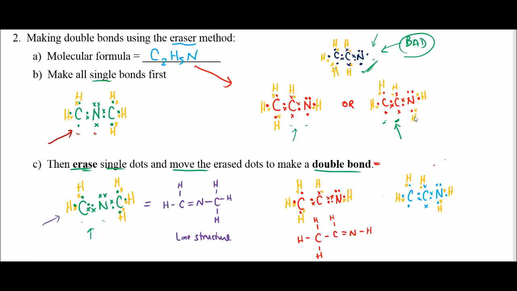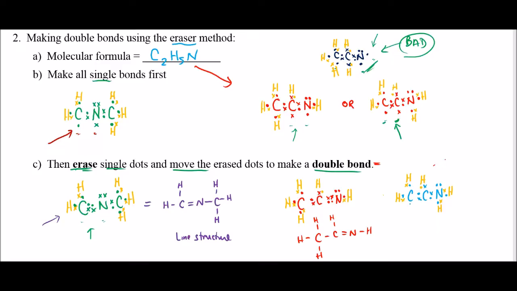Here's my second one that I've redrawn in blue. Once again, I'll get out my eraser. And this is a lonely dot and another lonely dot, so I'll erase them. And I'll move them to the middle. Move them right here.